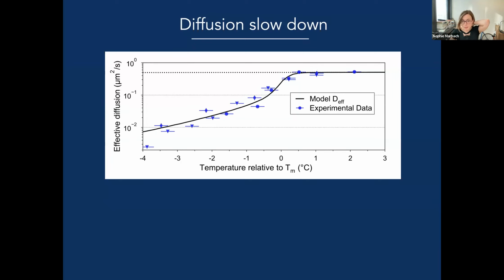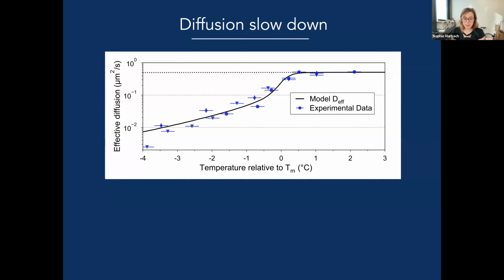And so the model is the black line and the experimental data are the points. And this is giving, again, the diffusion coefficient with respect to temperature relative to this melting temperature. So we obtained a pretty good agreement, and we were pretty satisfied with this. But what was more interesting to us is what the model was telling us about what was going on.